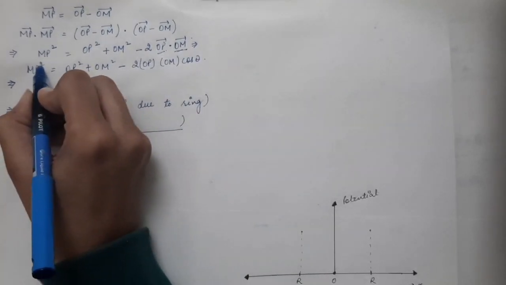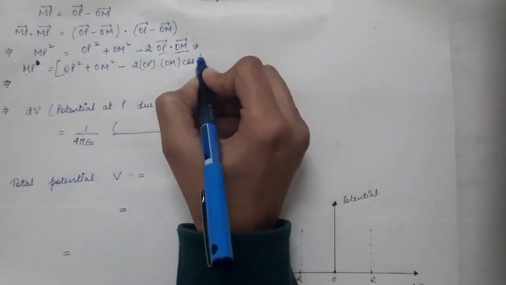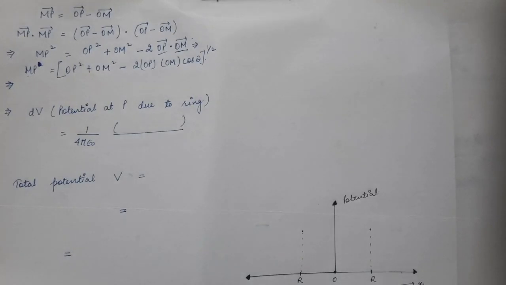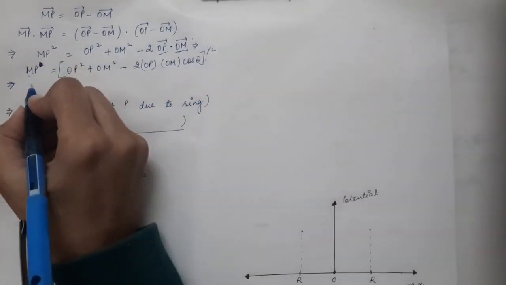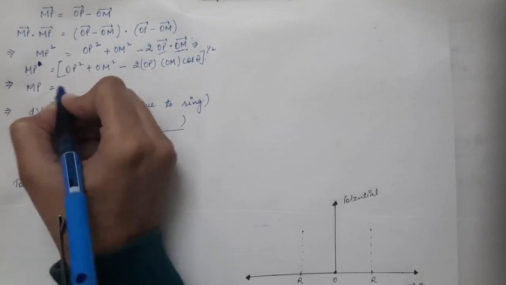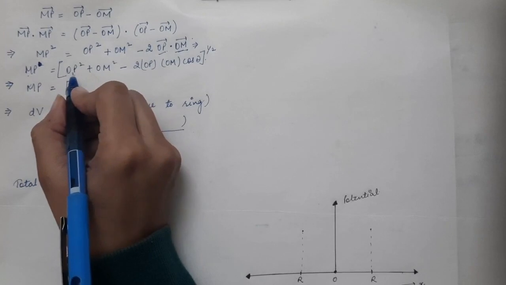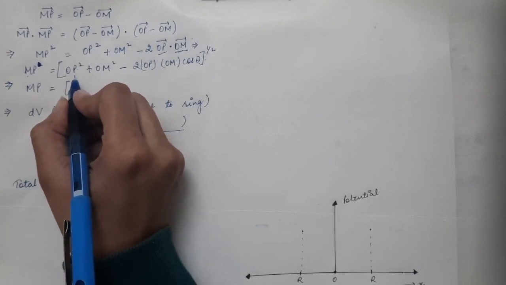So from here you can get MP simply will be equal to the square root of this right hand side. So you can take square root on both sides. So MP will be equal to square root of this whole expression. What is OP? OP is the distance of the observation point from the center of the sphere, and that we have already taken as x.